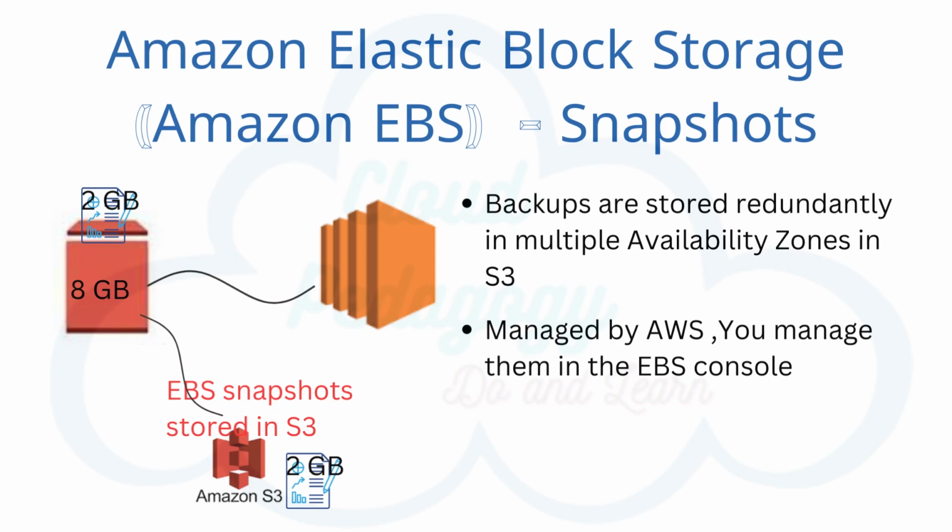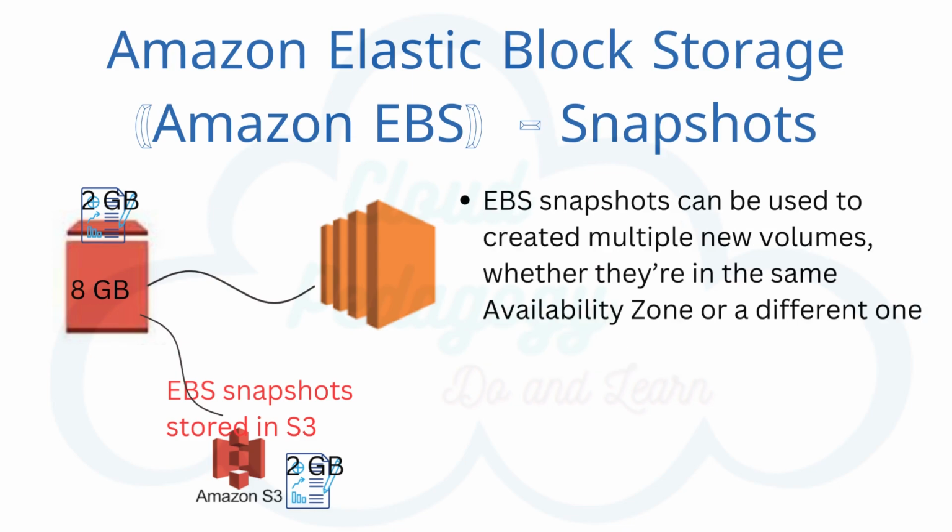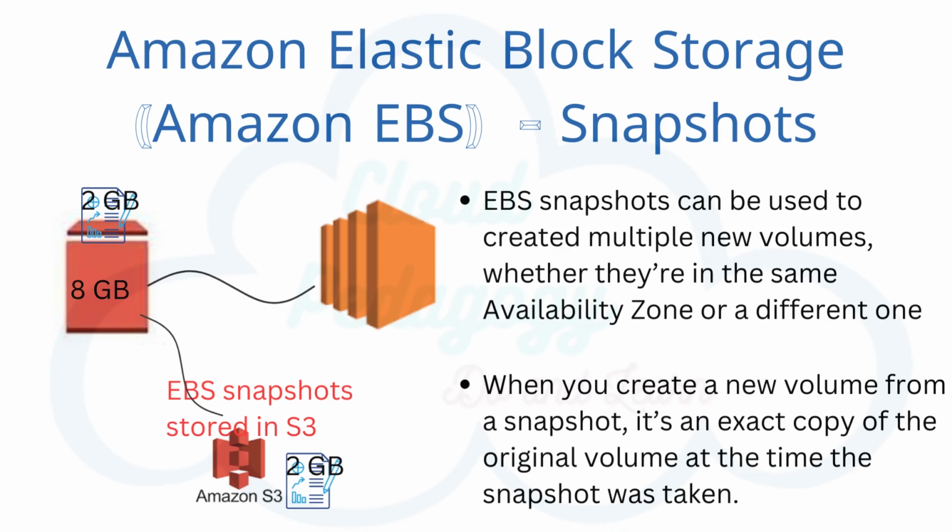You simply manage them in the EBS console, which is part of the EC2 console. EBS snapshots can be used to create multiple new volumes, whether they are in the same Availability Zone or a different one. When you create a new volume from a snapshot, it's an exact copy of the original volume at the time the snapshot was taken.